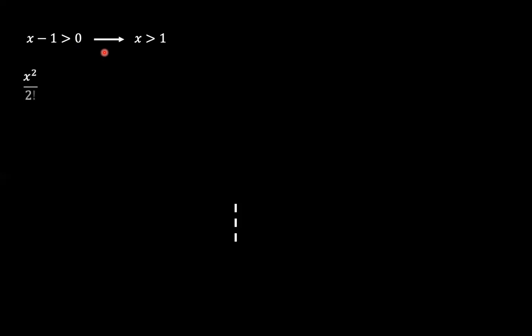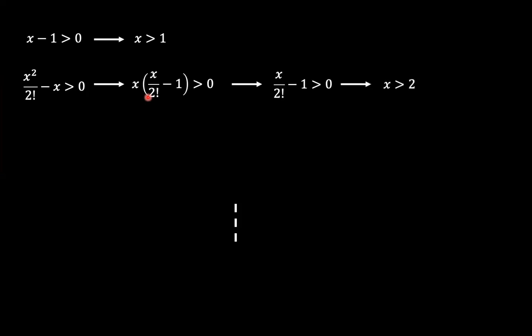However, x squared over 2 factorial minus x, which is x times (x over 2 factorial minus 1), is going to be greater than 0. Since x is positive, x over 2 factorial minus 1 has to be greater than 0 for this to hold. And so x over 2 factorial is going to be greater than 1. Therefore, x is greater than 2. Now, x squared over 2 factorial is going to be greater than the second option, x, when x is greater than 2.